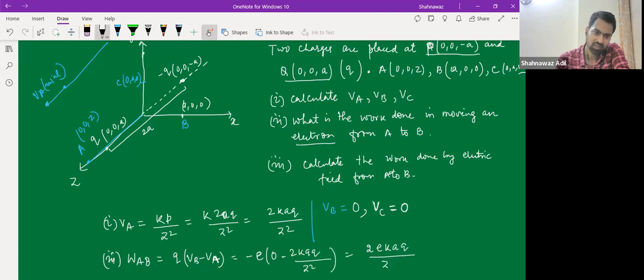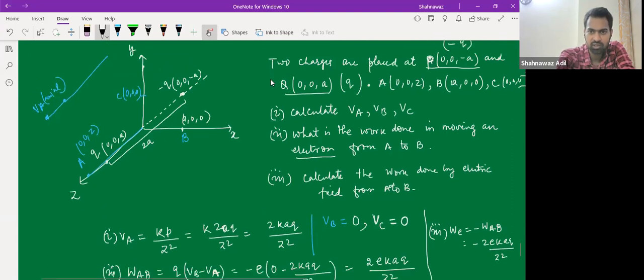So this is the answer, right? And if you want to calculate the work done by the electric field, that would be simply minus of WAB, so minus of 2EKAQ by Z square. You guys quickly note this question, and then we will do the next part.